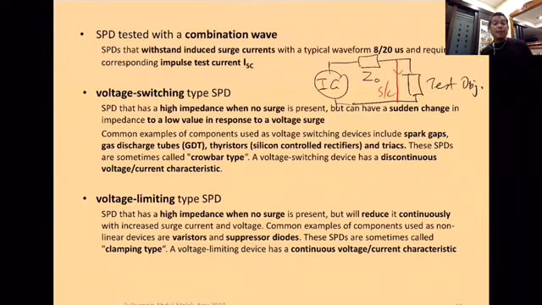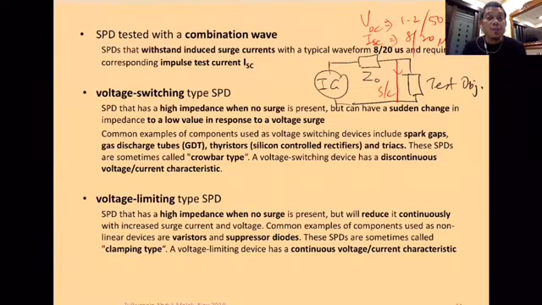But when you open it, it will produce a 1.2/50 microsecond voltage. Okay, so this is a combination wave, meaning to say if you want to check your SPD, you can use this generator.